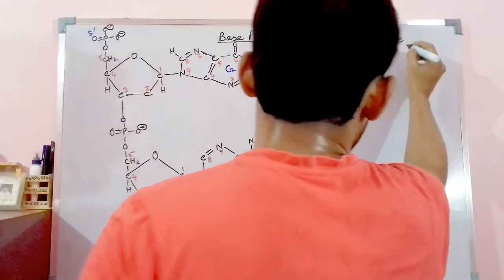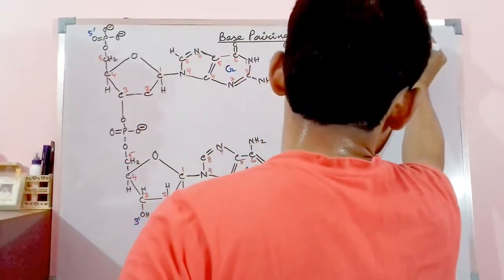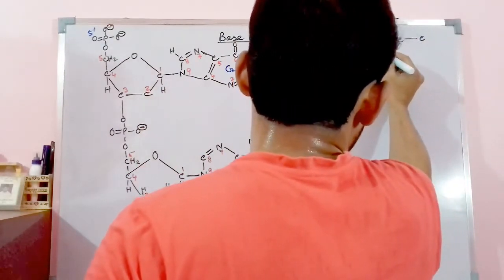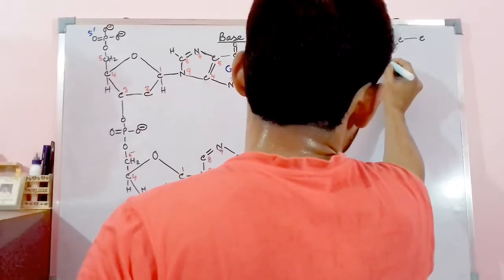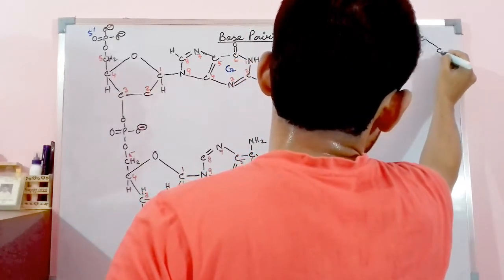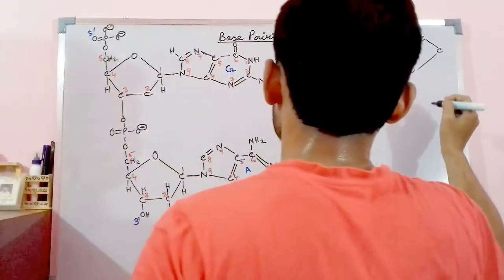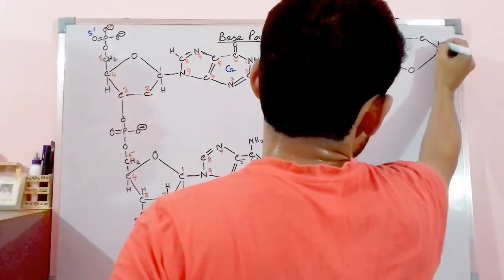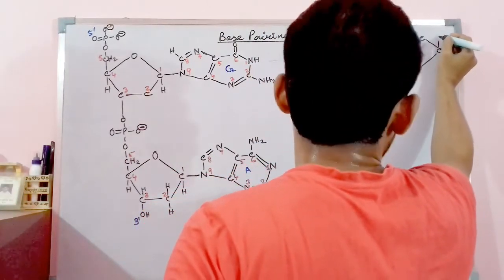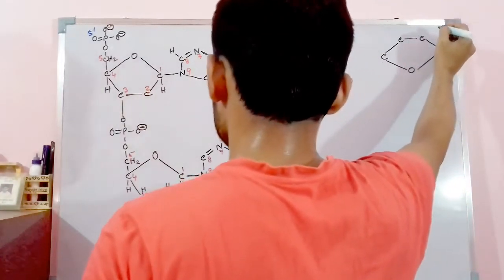C, double bond C, C single bond C, C, O, again here it would be C and O. Now here the things would be the same as before. Here this is the first carbon, this is the last one.